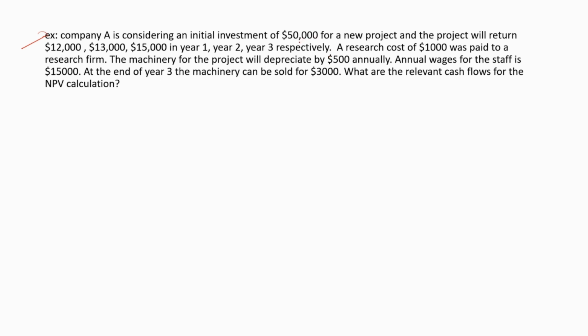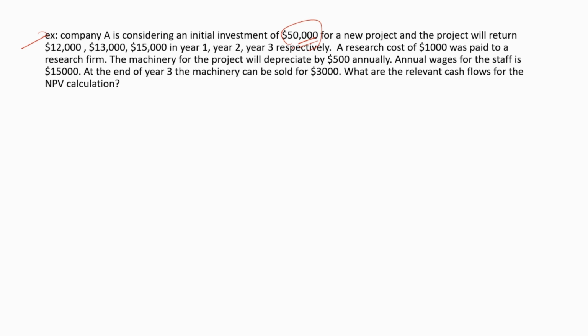The initial investment of 50,000. Is this a relevant cash flow or not? This is a relevant cash flow because this cost will be incurred if the company decides to invest in the new project. So this is a relevant cost. We will consider this cost for the NPV calculation.